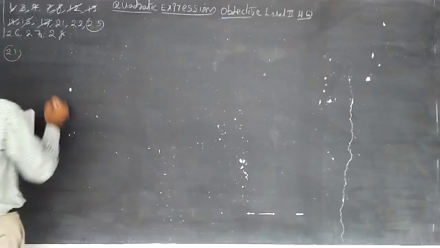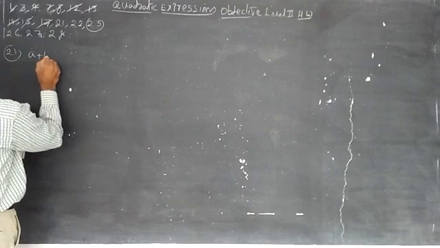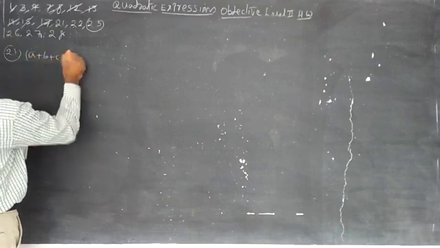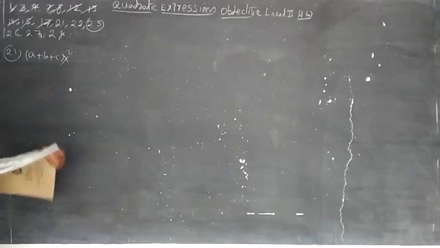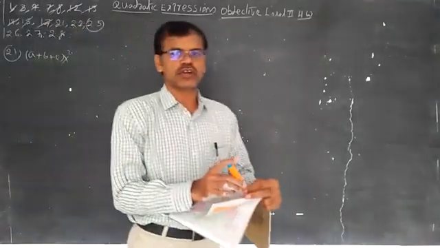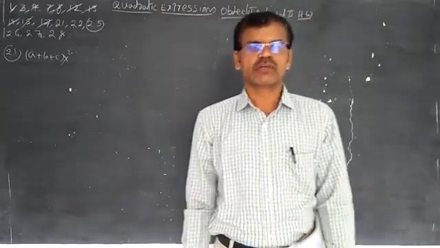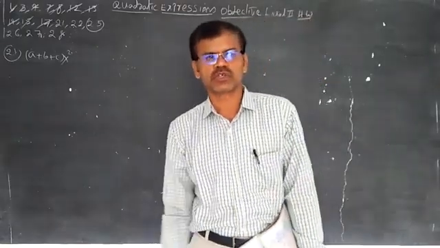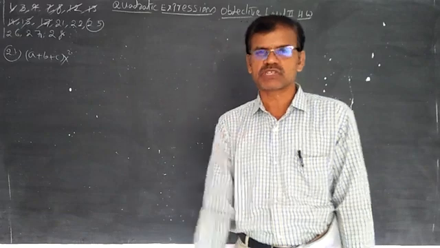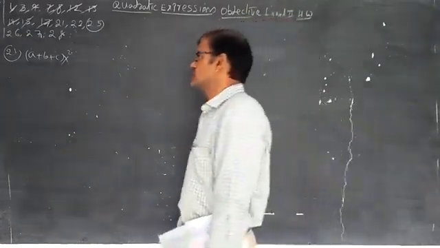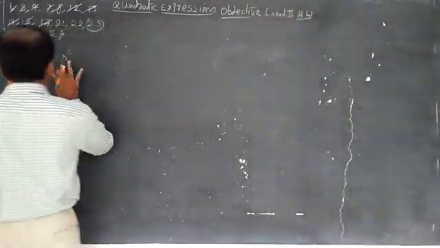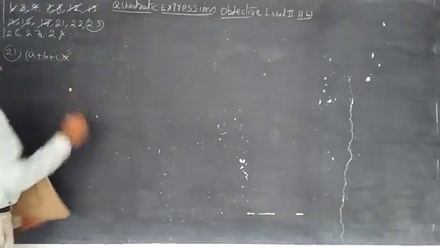Given that a, b, c are rational: if delta is greater than 0 and it is a perfect square, the roots are rational. If delta is greater than 0 but not a perfect square, then the roots are conjugate pairs of surds. If delta is equal to 0, the roots are equal, and if delta is less than 0, the roots are complex numbers.